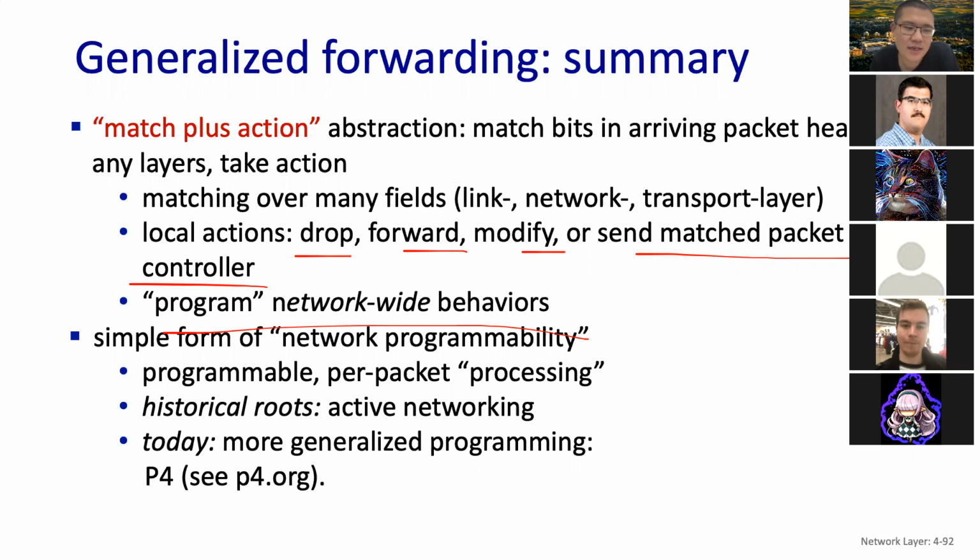As I summarize here, the simple form of network programmability can be programmable per packet processing. And for today, some more generalized programming like P4 can even do some compression and some more complicated things in the network, okay? But as I mentioned, that's something you do in the software defined network, right?